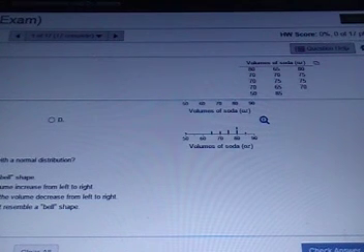But even with that, if you trace the shape of this graph with a pencil, it would have an approximately bell shape to it. So does the configuration of points suggest that the volumes are from a population with a normal distribution? The good thing is it doesn't have to be perfectly normal. As long as it's close, you can say yes, this is approximately normal. So yes, the population appears to have a normal distribution because the dot plot resembles a bell shape.